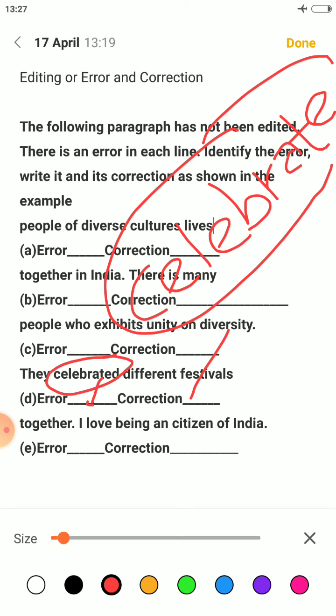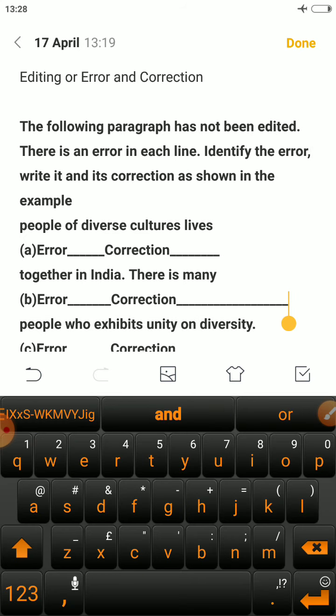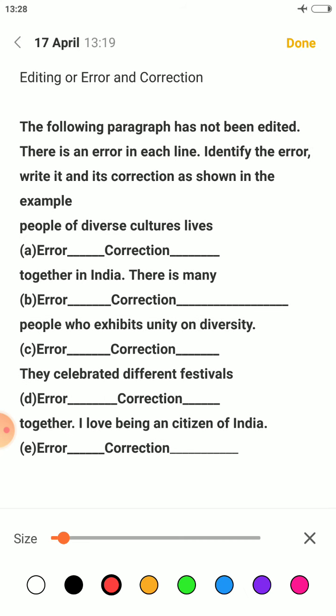Now the last portion. The last question is: Together, full stop, I love being an citizen of India. So see, citizen here starts with a consonant. Before a consonant we use the indefinite article a.